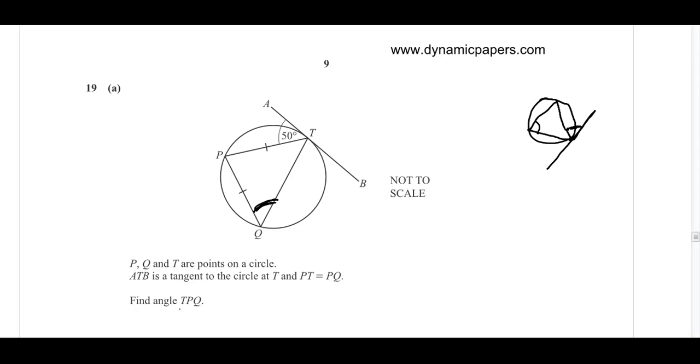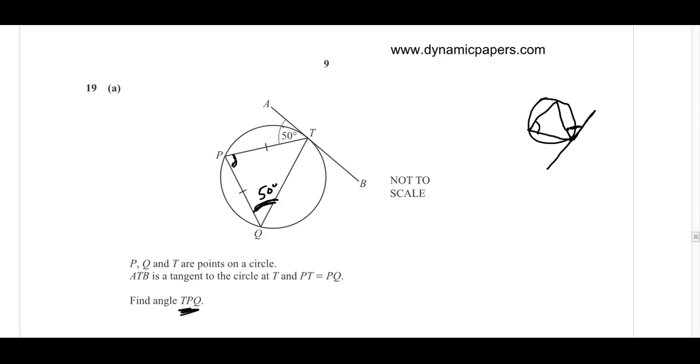Okay. The question is saying find the angle TPQ. We need to find this angle. First of all, if this angle is 50, this will also be 50. The reason is the angle between the tangent and a chord is equal to the opposite angle made by the same chord on the circumference.